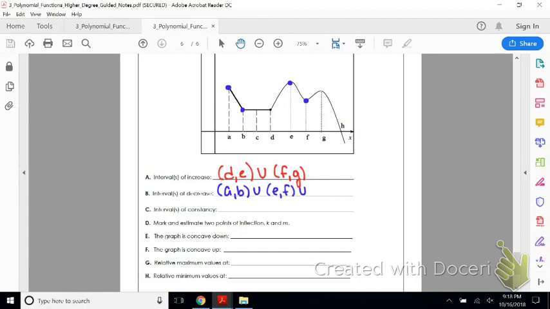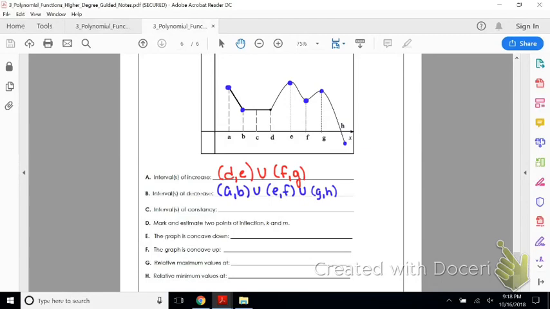Some of y'all did not get that on the test. Anywhere else that it's going down? Well, look here, from G all the way to, we'll say H. Really, I guess that would be right there, which they're saying is H. So from G to H.